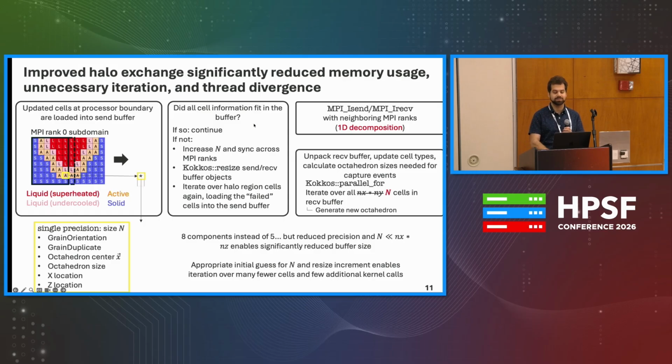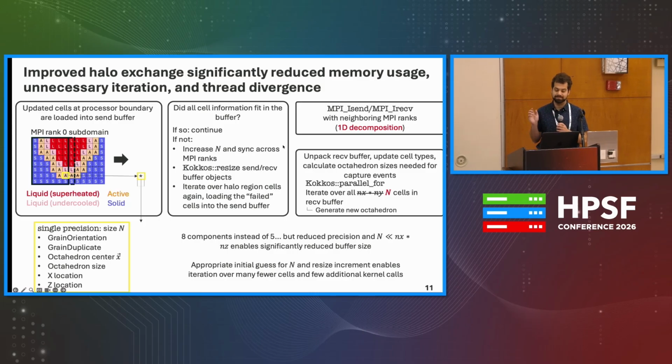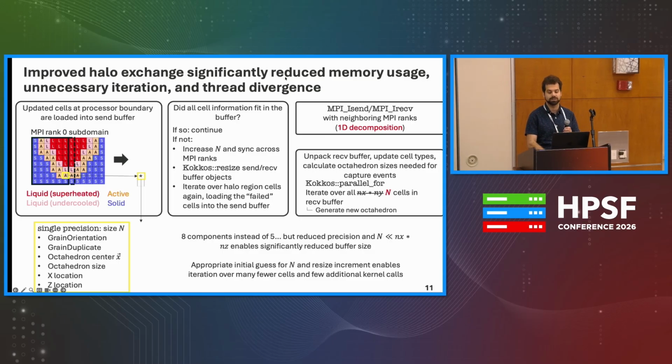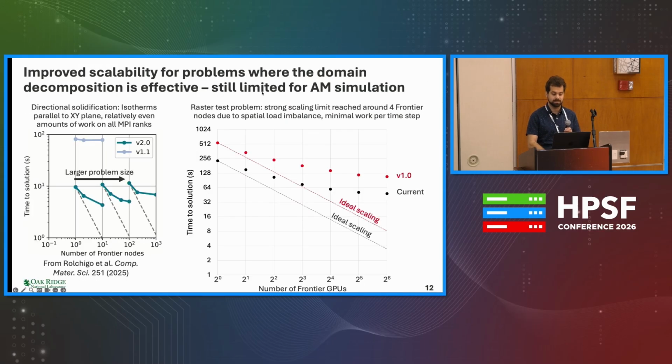So there's an additional thing where we have to check to make sure all the information fit in the buffer and resize those objects. But if your initial guess is somewhat reasonable, just having to iterate over this n cells, much less than nx times nz or nx times ny, ends up saving us a lot of performance, because even though we have more kernel calls, we're saving a lot of thread divergence iterating over just the number of cells that we think might have transformed.